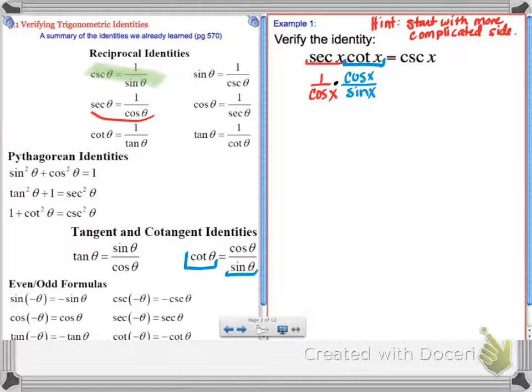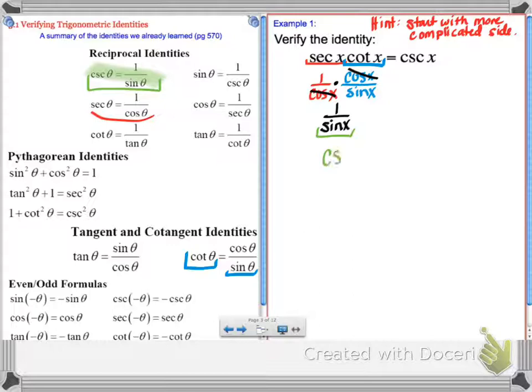I'm going to multiply these two fractions, but before I do, I'm actually going to simplify them because the cosines cancel out when we have 1 on top, and on bottom they divide to make a 1, therefore canceling out. In the end, I'm simply left with 1 over sine of x, but wait a second, that's exactly what cosecant of x is equal to according to the reciprocal identity.